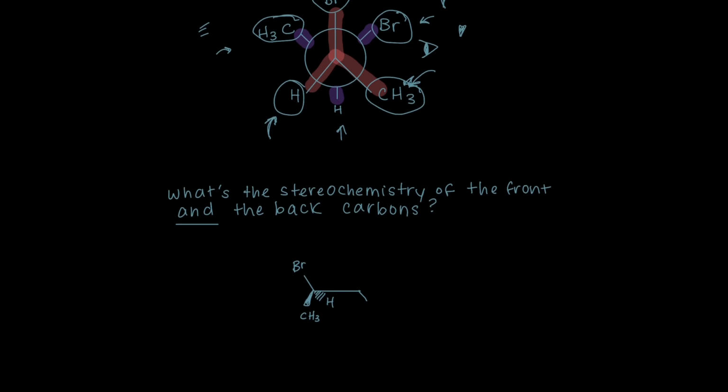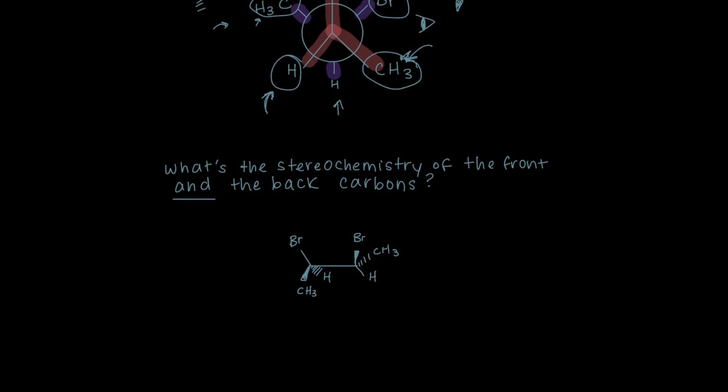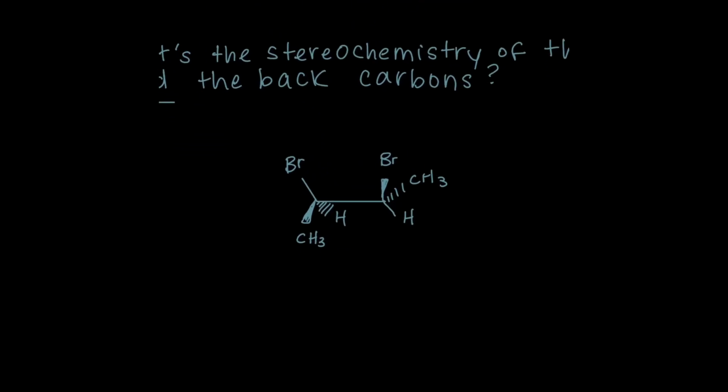And so on the right here, our wedge is going to be that bromine. Our dash is going to be the methyl group right here, see? And then what's just on the line is going to be this hydrogen here.